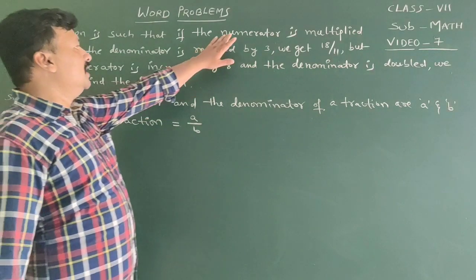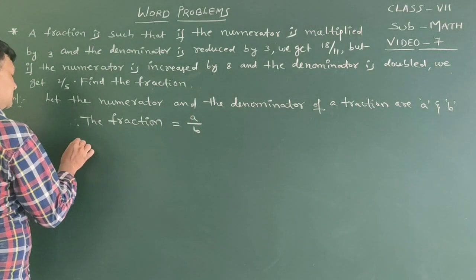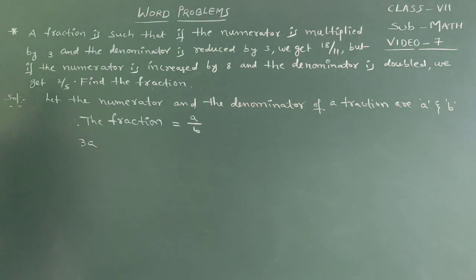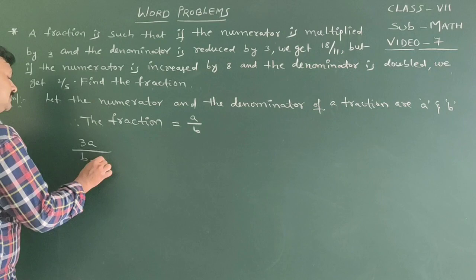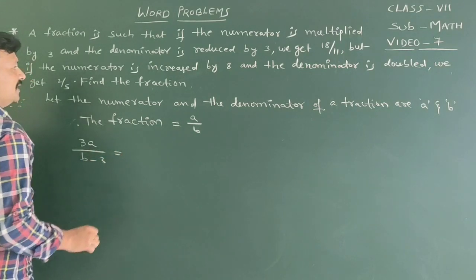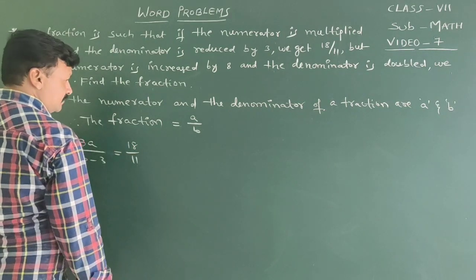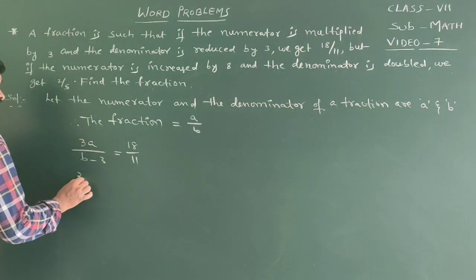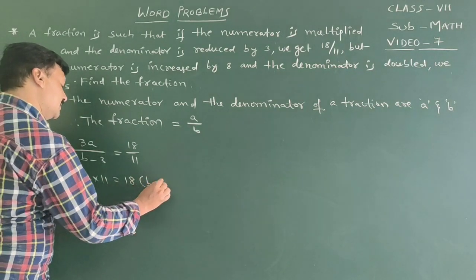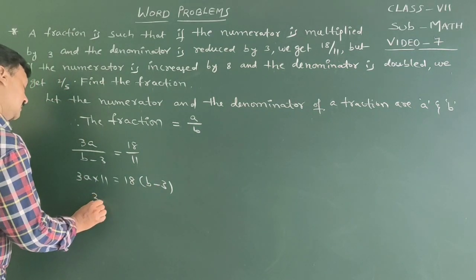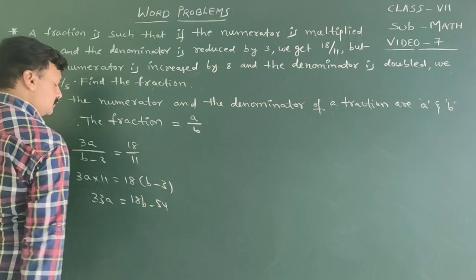Here, first condition, the numerator is multiplied by 3, means 3a, and the denominator is reduced by 3, means b minus 3, it becomes 18 by 11. So if you cross multiply, 3a into 11 equal to 18 into b minus 3. So 33a equal to 18b minus 54.